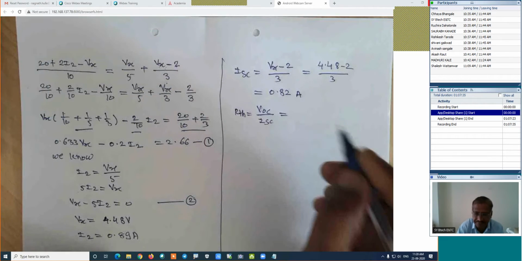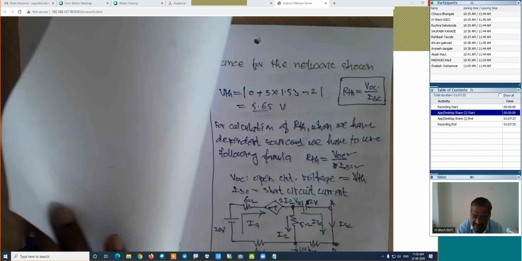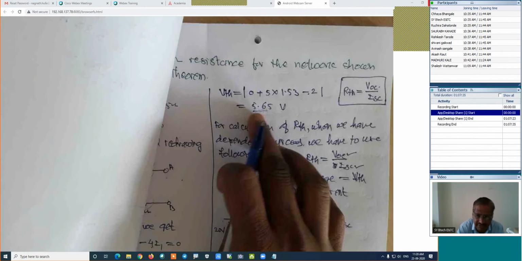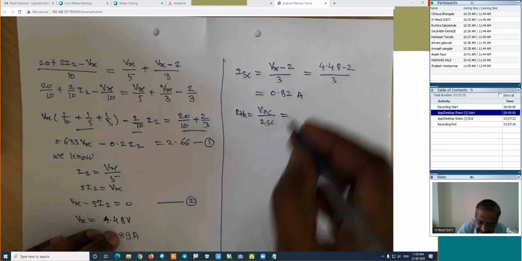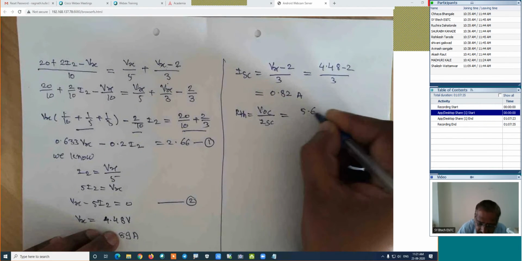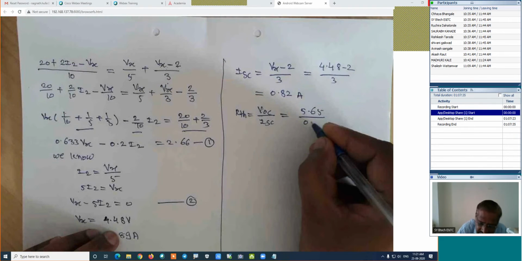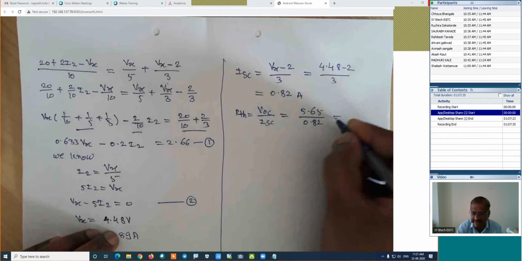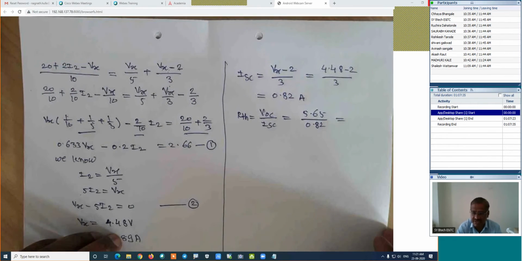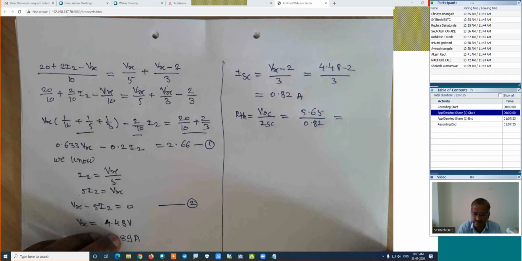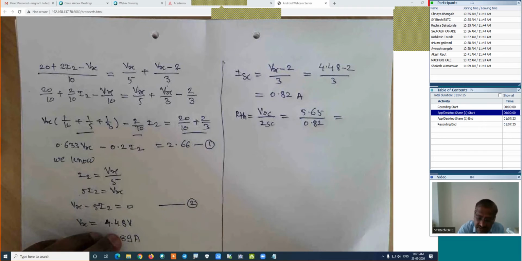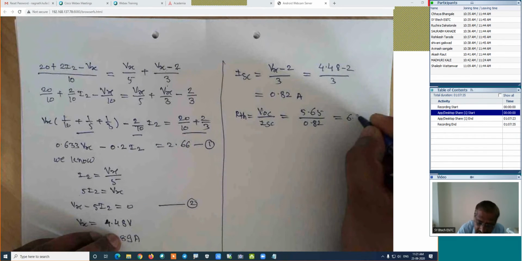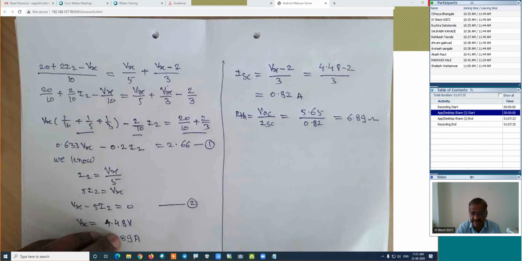How much is the VOC? That is Thevenin's equivalent voltage, which is 5.65. This is 5.65 divided by 0.82. How much is the RTH now? Yes, Saurabh. 6.89. 6.89 ohm is the value of RTH.